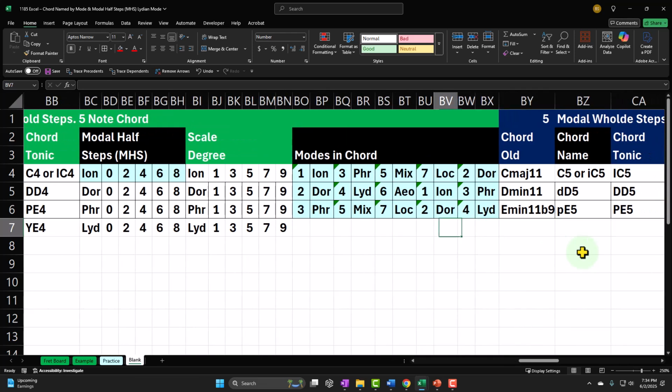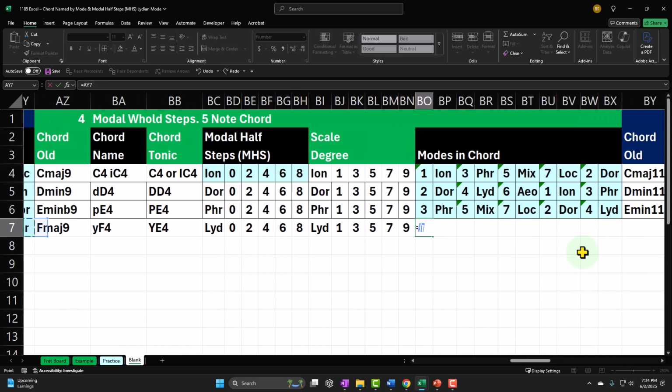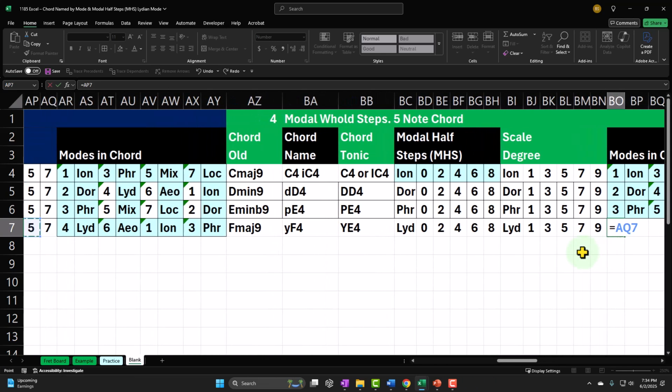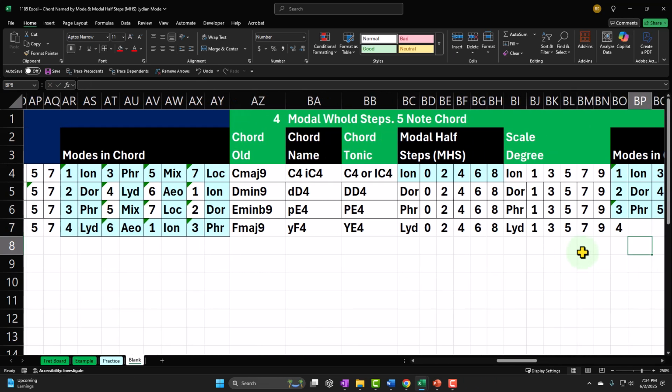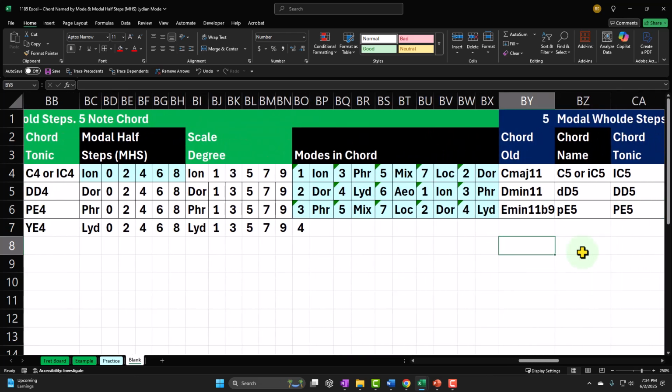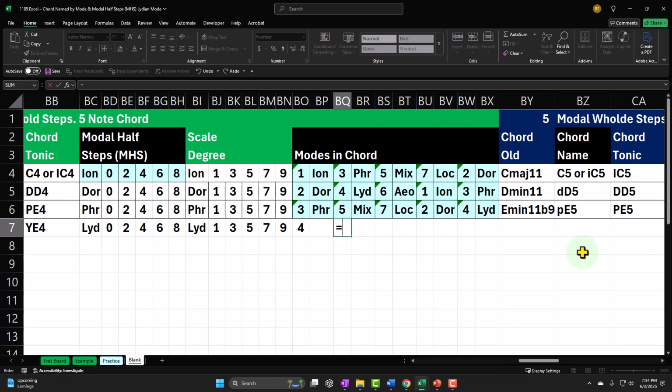It's stupid. Okay, but what if we started on the Lydian here, and then we named the chord by the numbers instead of by the letters?